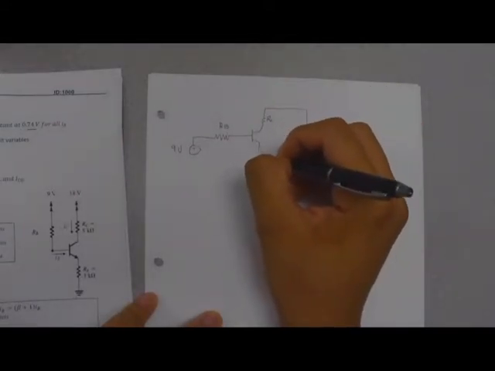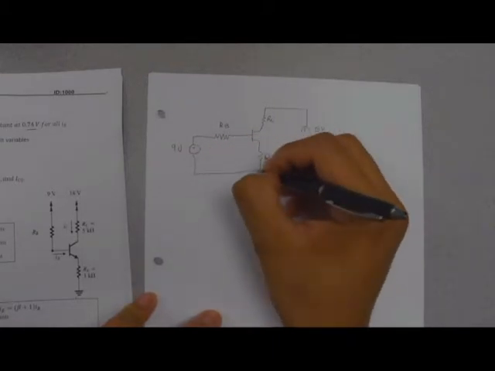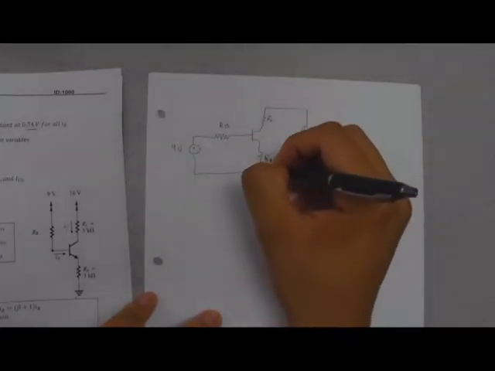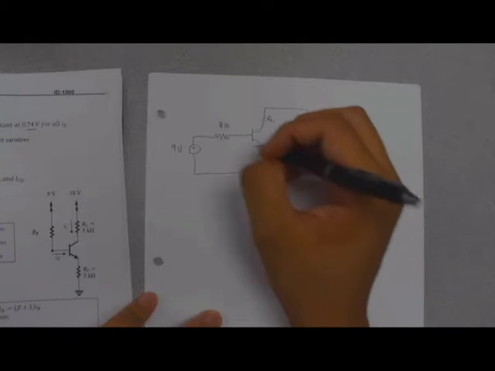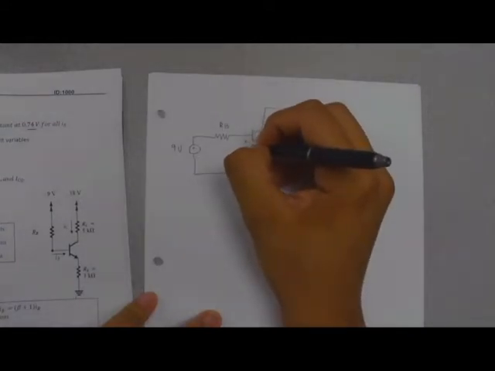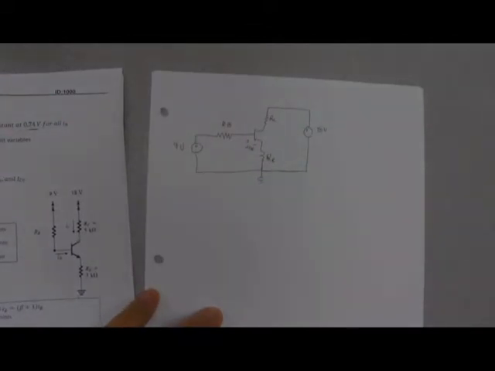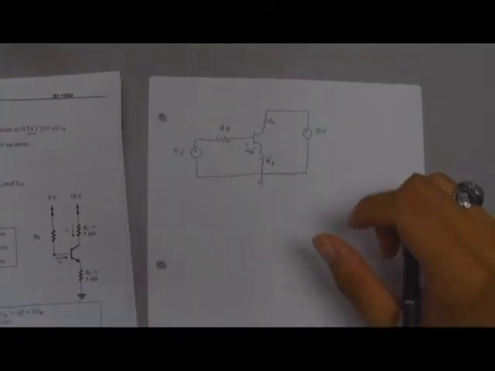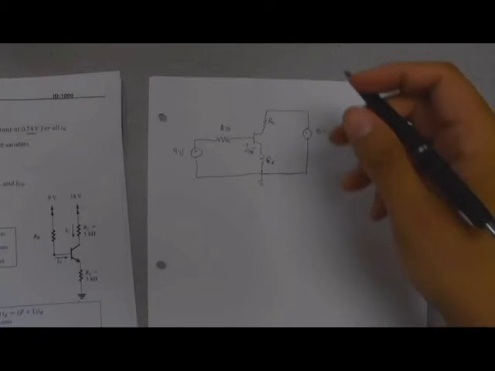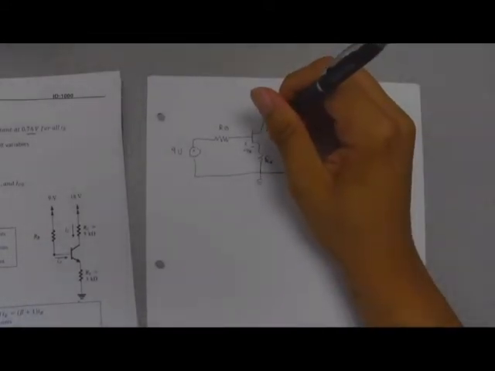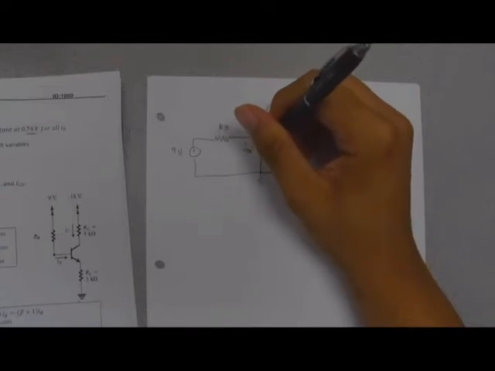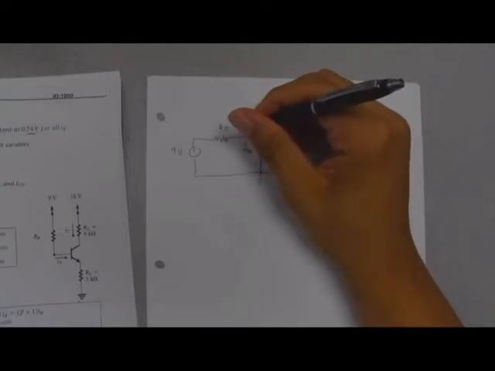Here's RE, and then here's my ground. Here's VB. So we're going to be doing 2 loop equations, and then also the equation that relates IC, IE, and IB.